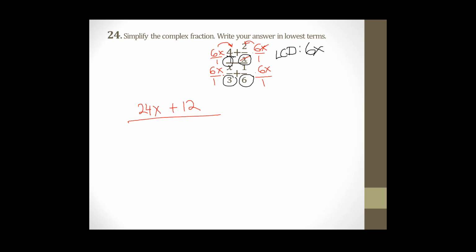And then over here, the 3 reduces with the 6. So both of them are divisible by 3, which leaves me with a 1 in the bottom and a 2 on top. So 2x times x gives me 2x squared. And over here, the 6 cancels with the 6, and all that's left is multiplying the 1 by the x. So plus x.